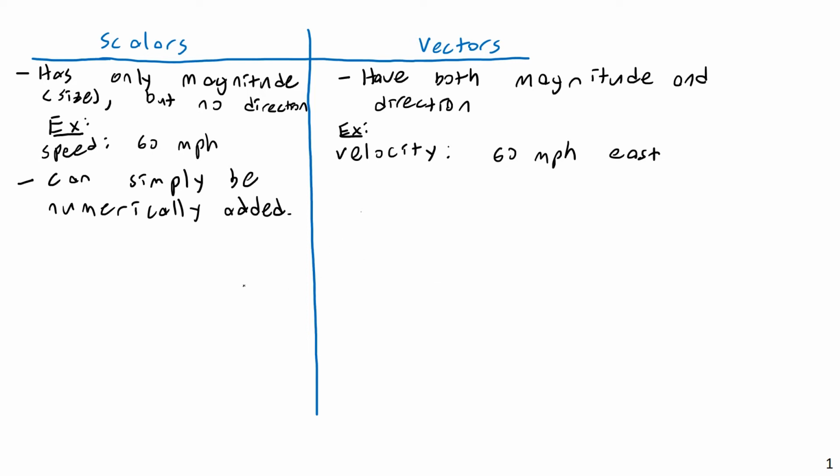Or something like speed. If I'm confining motion to a straight line, if I first am traveling at 20 miles per hour, and then later I accelerate an additional 20 miles per hour, well then my final speed is 40 miles per hour.